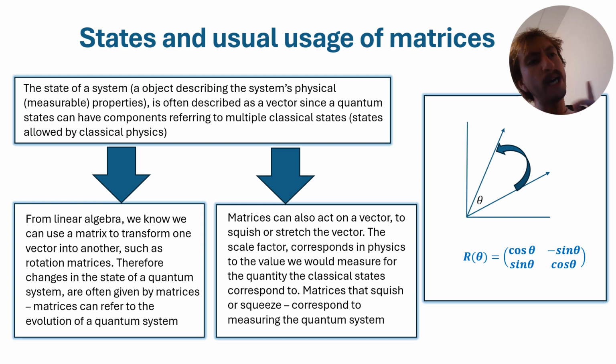However, what happens when we've got two systems and we bring them together? Well, for this we need to think about how we can combine the vector spaces together, because say we've got two coins and we want to consider the system of those two coins together.